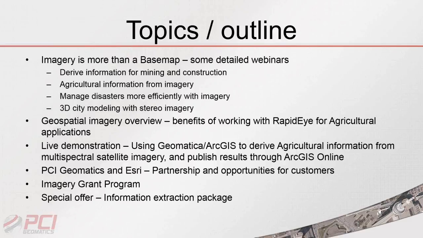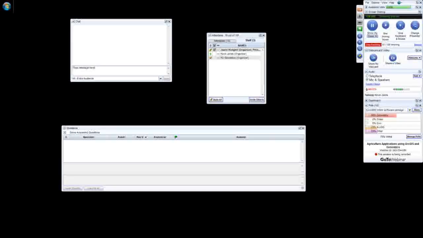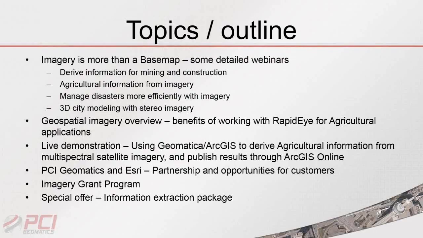And then we'll wrap up with a summary on an exciting program that we have put together in partnership with Esri and also BlackBridge and MDA for leveraging imagery and software for getting more from imagery. So do stick around till the end. We have something exciting to tell you about regarding a special offer which we have right now for doing a lot of the work that you're going to see in this presentation.